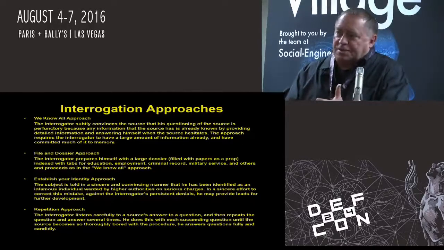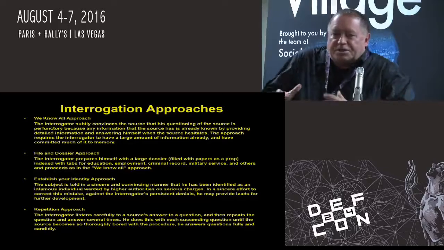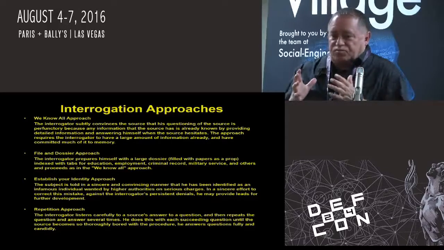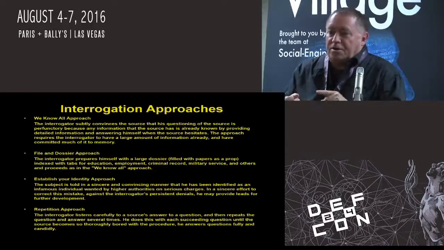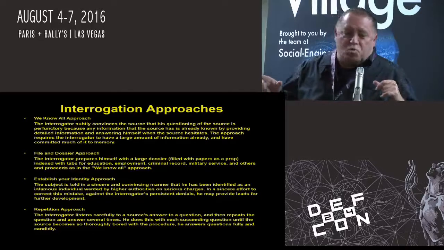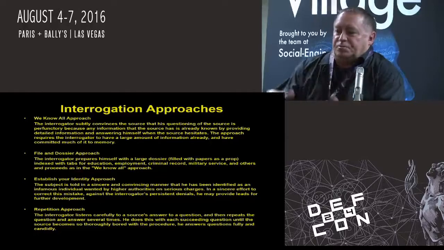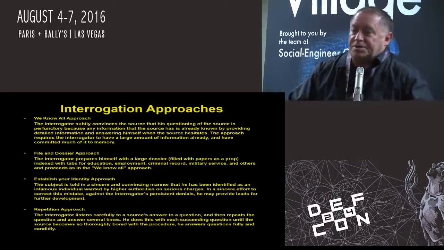Other approaches, which a lot of social engineers can use as well. One, the we-know-all approach, is when you basically are telling your target, that source, hey, we know your unit, we know you were here, we know you were going after this, and we already talked to your friends and they already spilled. So, go ahead and tell us, because we already know it all anyway.